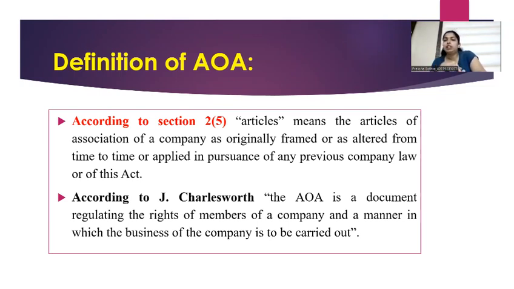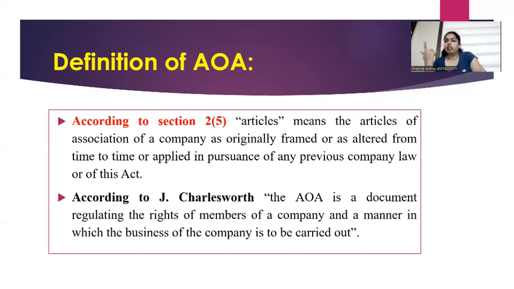So we find another definition by J. Charlesworth, which is one of the nicer definitions I found. He says that the Articles of Association is a document regulating the rights of members of a company and the manner in which the business of the company is to be carried out. So what J. Charlesworth states is that the Articles of Association is basically a document.